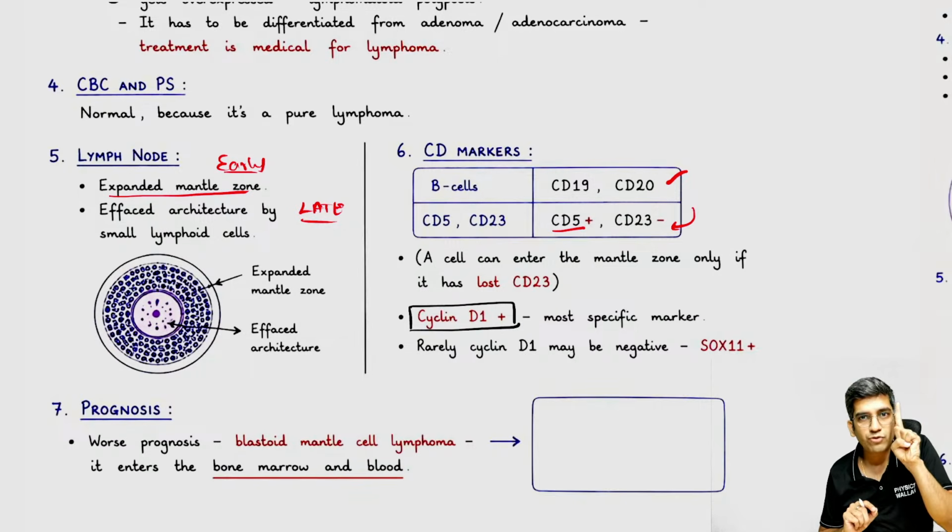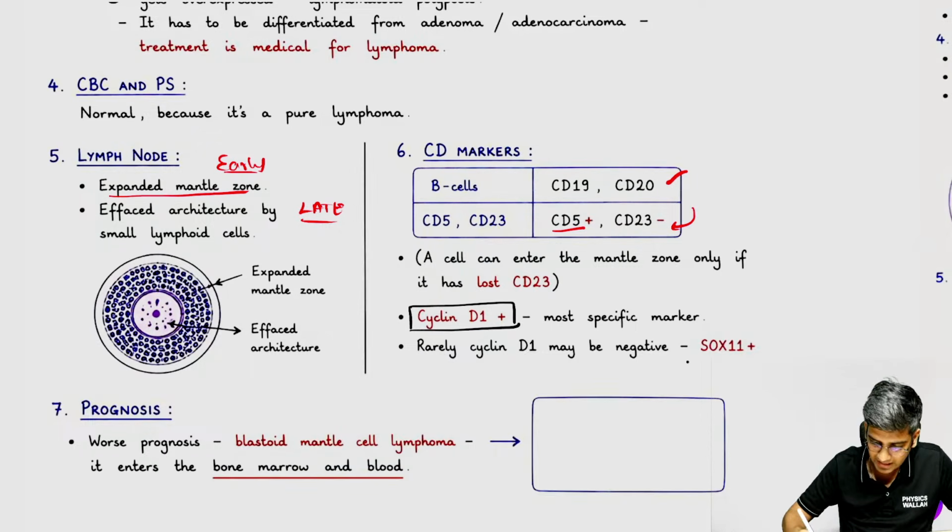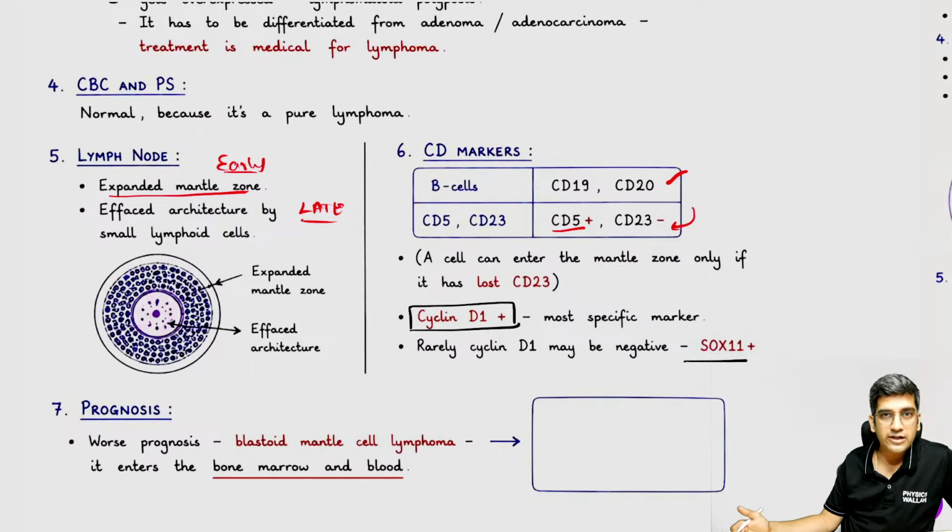If you have to remember one marker, remember the marker linked to the pathogenesis, because CD19 and CD20 are non-specific. That's common anywhere. CD5 is again there in CLL also, but cyclin D1 is very unique. It is the most specific marker for mantle cell lymphoma. This came once in an AIIMS exam. If at all it repeats or they ask in a viva, cyclin D1 can be negative in mantle cell lymphoma, where the SOX11 marker will be positive.